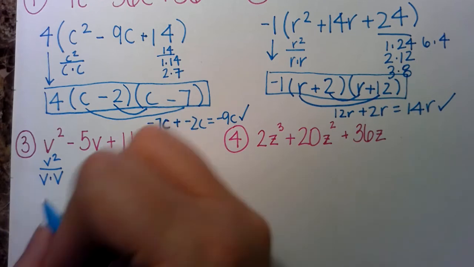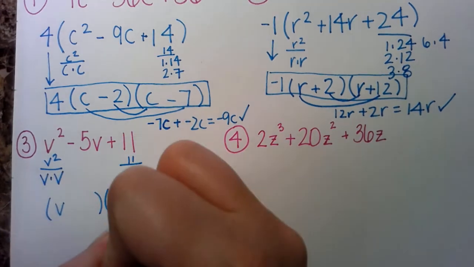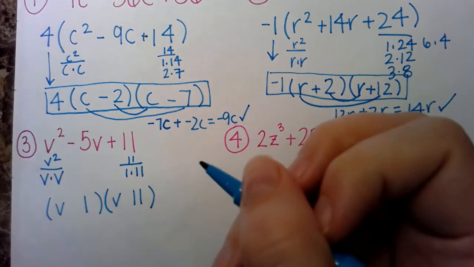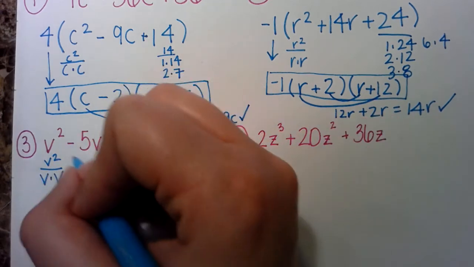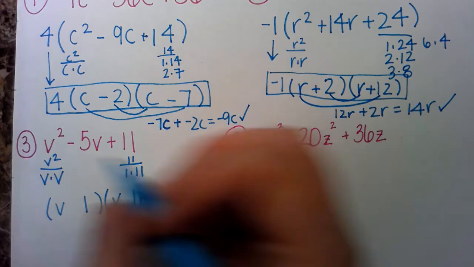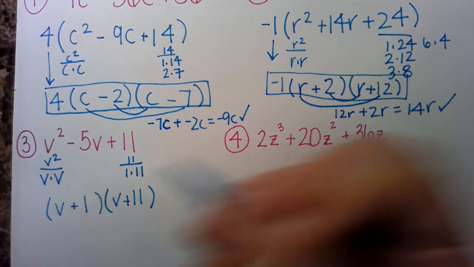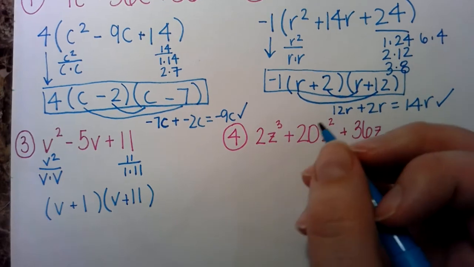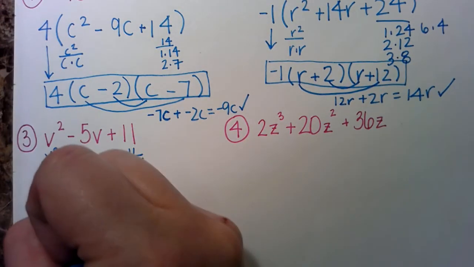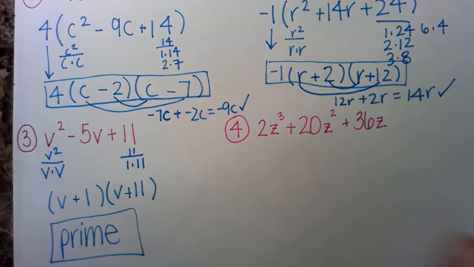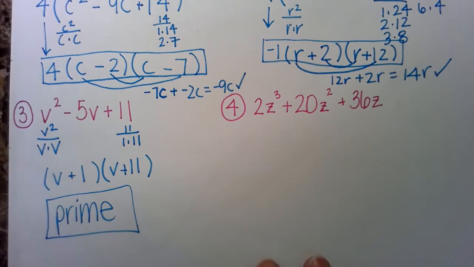Even if I put v and v here and 11 and 1 here, this is never going to add up to negative 5. No matter if this is plus or minus, it's never going to work. So in this case, this one is going to identify as prime, which means it's not factorable. So our final answer is just prime.